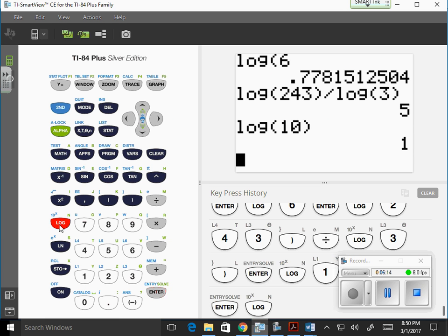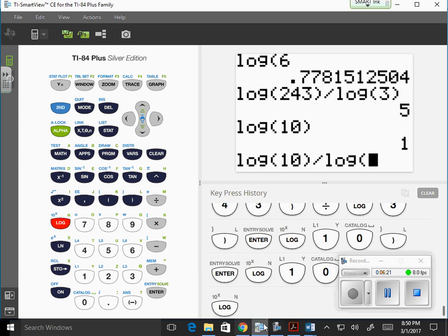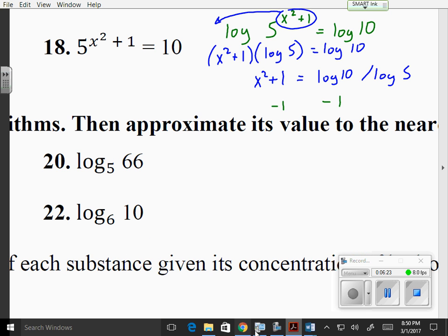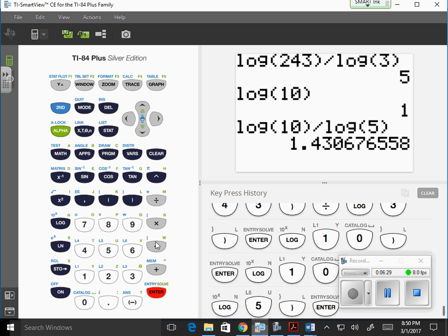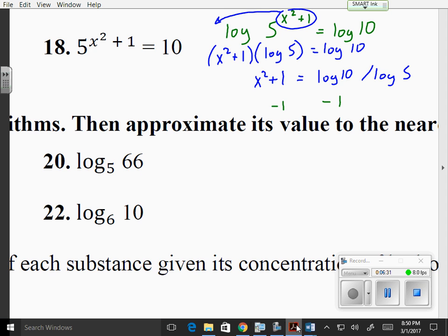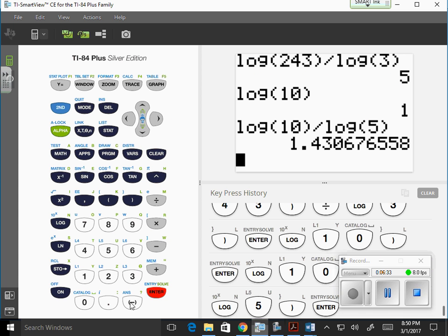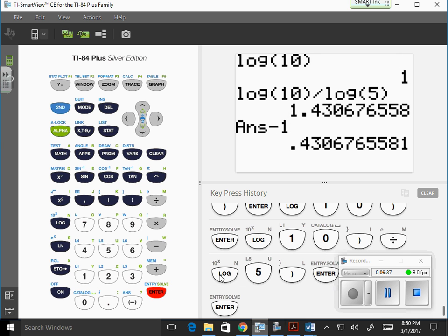Log of 10, close parenthesis, divided by log of 5. Get an answer. Subtract 1. Get another answer. We want to take the square root of that.